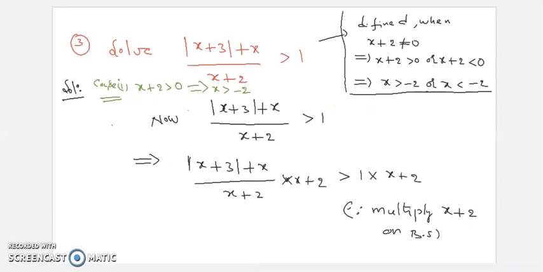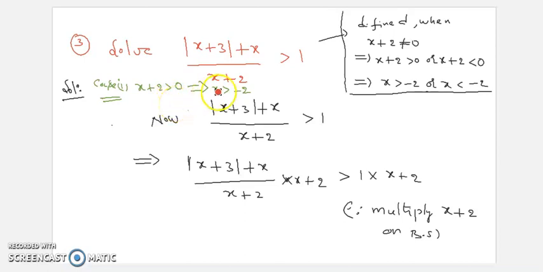Coming to the third problem, solve modulus of x plus 3 plus x by x plus 2 greater than 1. So for solving this problem, we have two cases. One is denominator value x plus 2 is greater than 0 or x plus 2 less than 0.